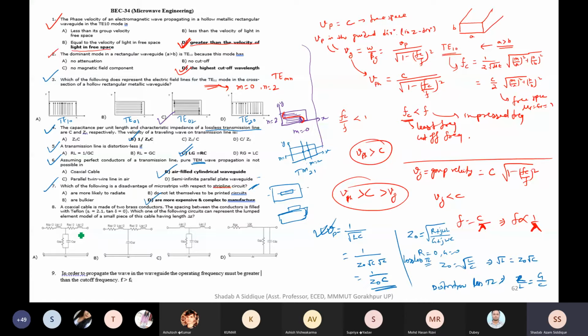Now here also, on these two sides we have resistance and inductance. So this is not for one element because we are taking a part of another element also. And here the conductance is missing.